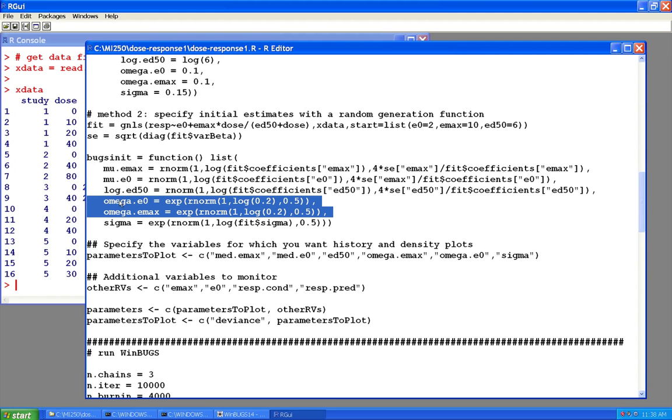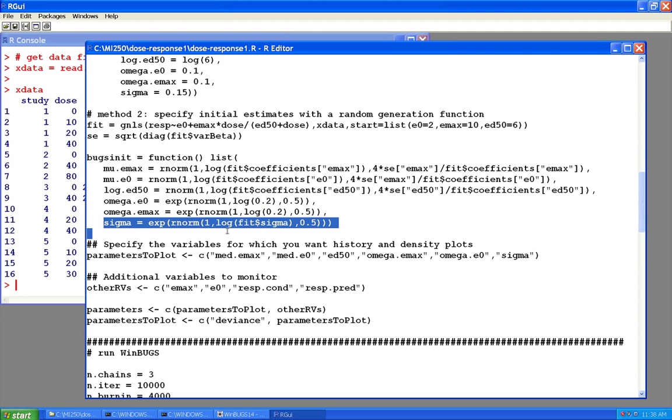Again, I start out with fairly over-dispersed values on that. And then finally for sigma, I actually do use the value that I got from the fit here. Because it did not consider the inter-trial variation, this is probably a bit oversized, but that's probably okay. Sigma is usually pretty easily fit in these problems, so even if it's not a very good initial estimate, we'll probably end up fairly okay.